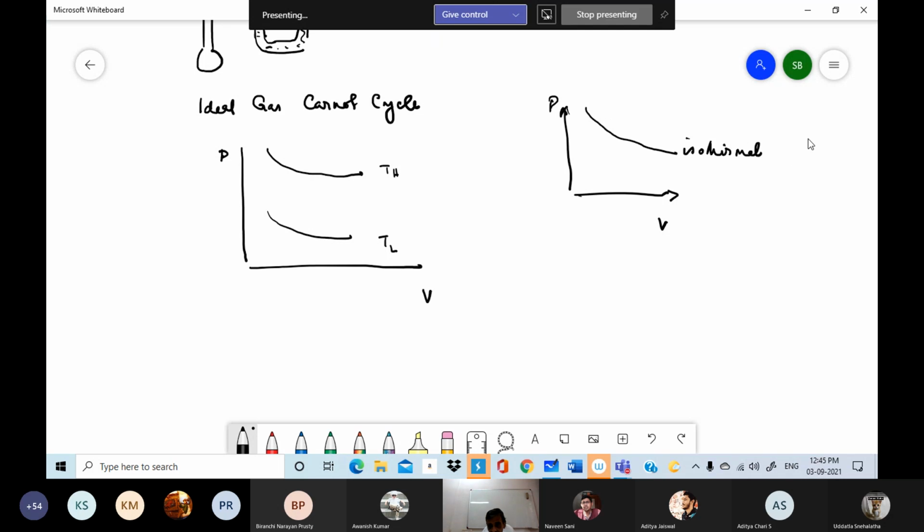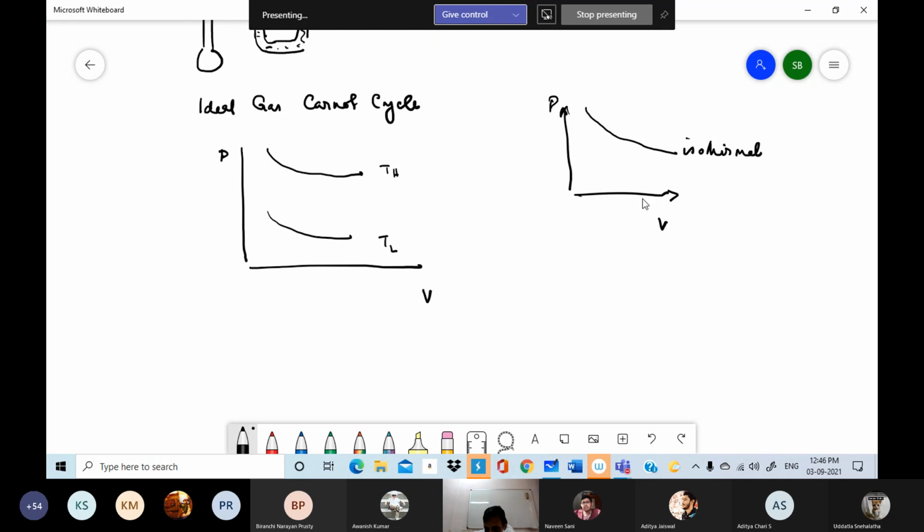Now, if I keep this at constant temperature, the piston is moving outwards. The gas is exerting a certain amount of pressure on the piston, so the gas is doing a certain amount of work on the piston. Therefore, W has a certain positive value.